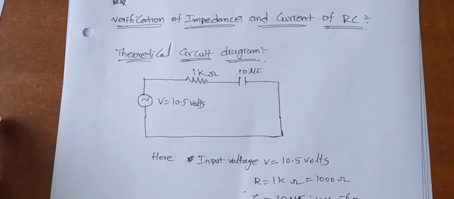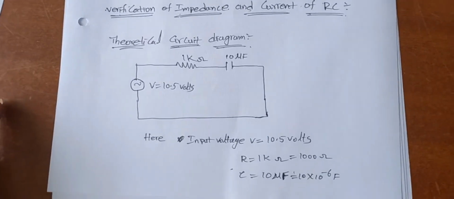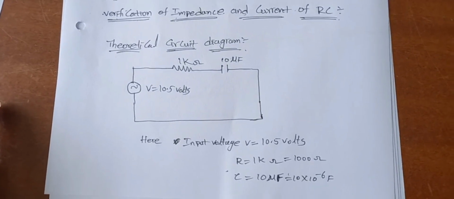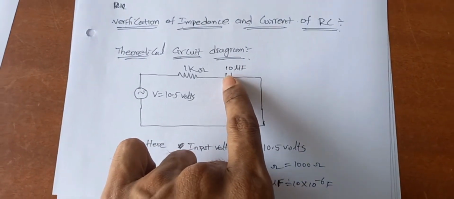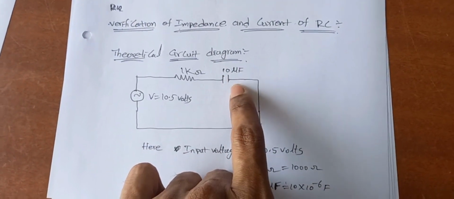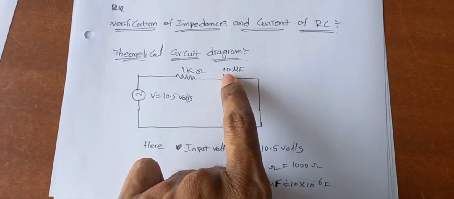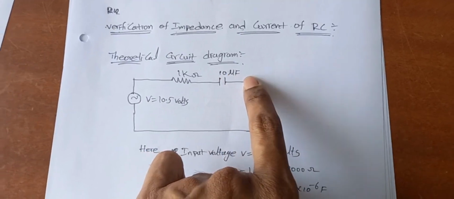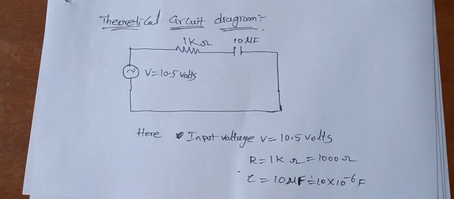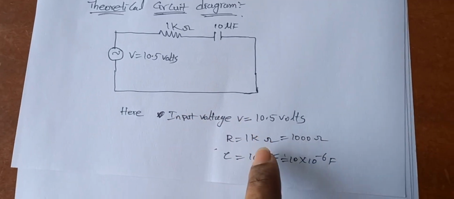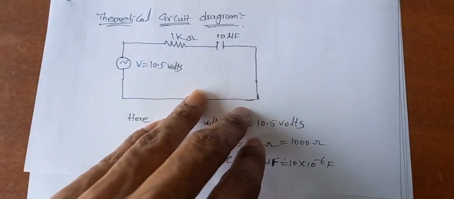Then we go for the next one, RC. Resistance is common, but in place of inductance we are taking capacitance of 10 microfarads, so micro means 10 to the power of minus 6. Those values we are going to substitute in our formula.